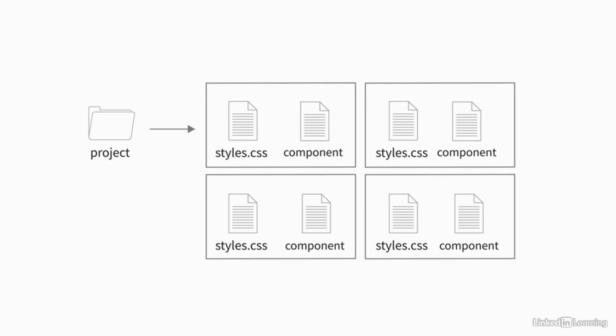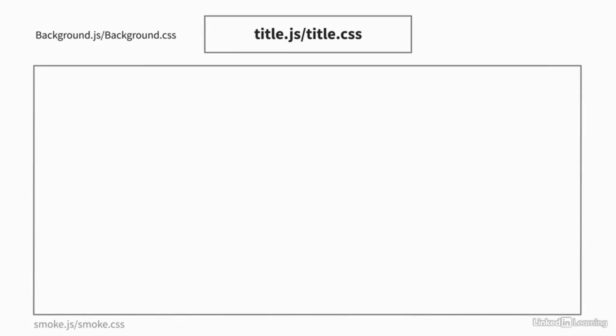So let me demonstrate an overview of how our website will be built and how CSS modules will impact this. We'll first have a background with its own background CSS, so a component to CSS one-to-one relationship. Then we'll have a title, same way, and then we'll have a big grid, which will also have its own module or modular CSS.